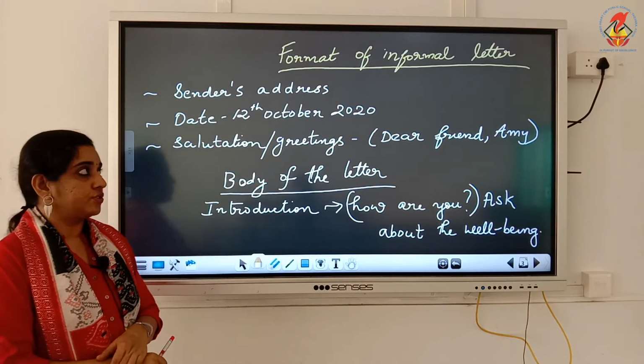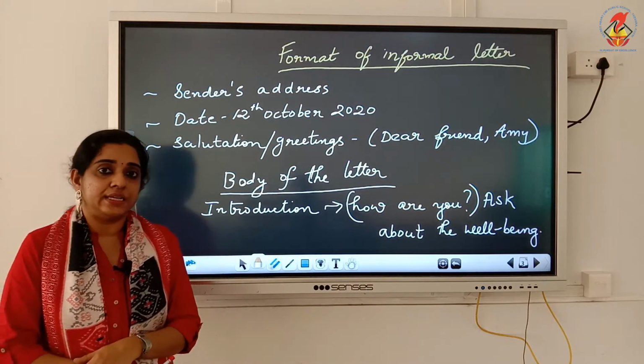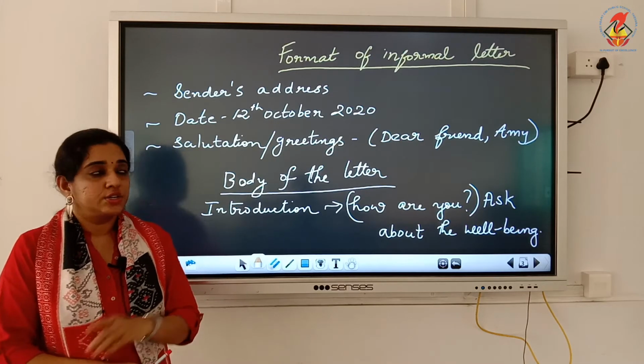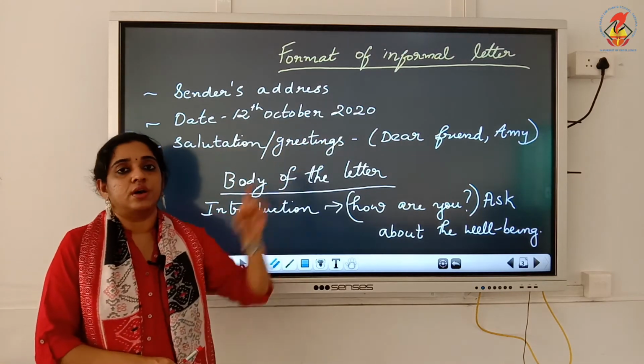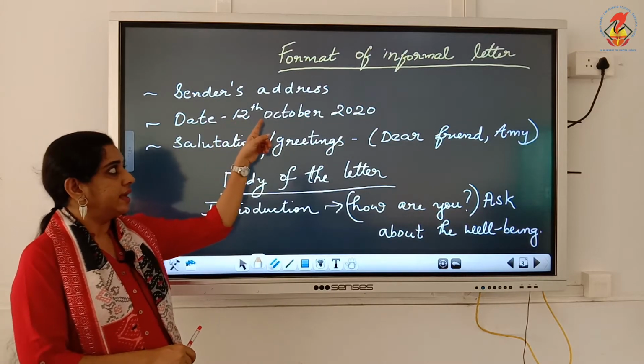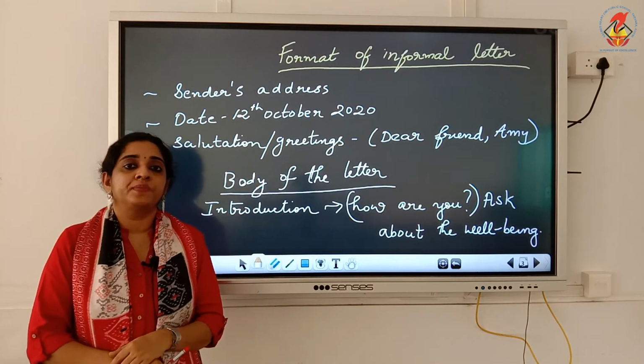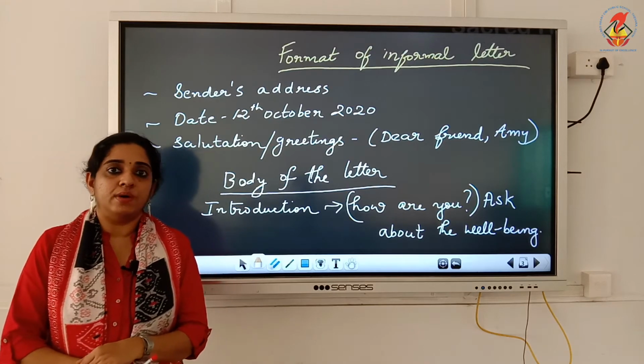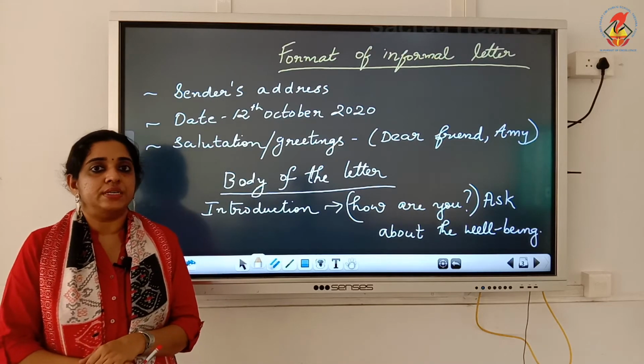Then under that I should write the date. How will you write the date? 12th October 2020. First the date 12th, then the month followed by the year.